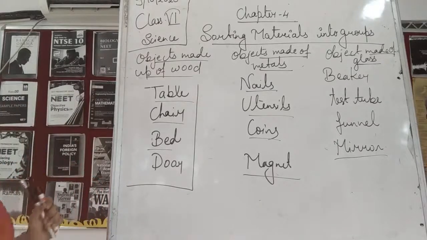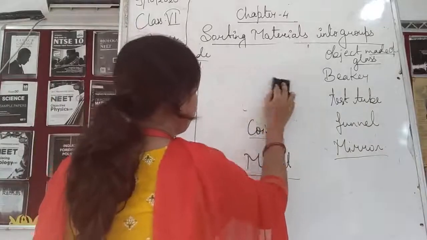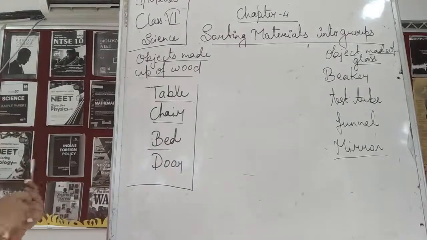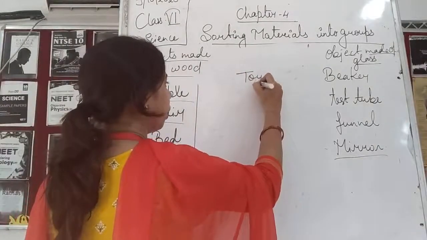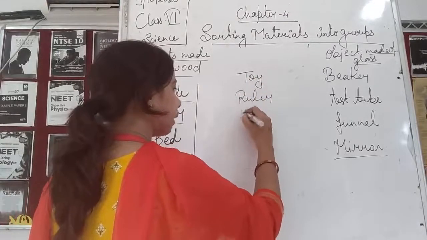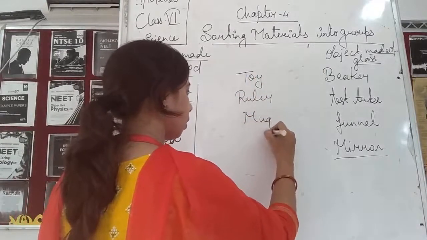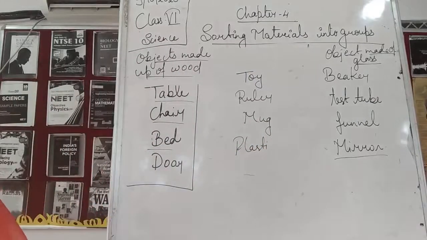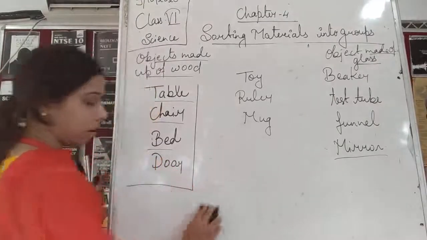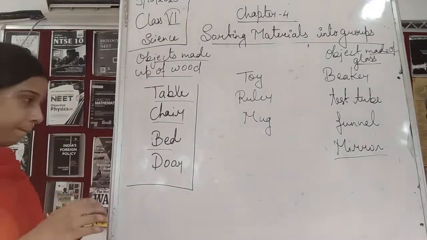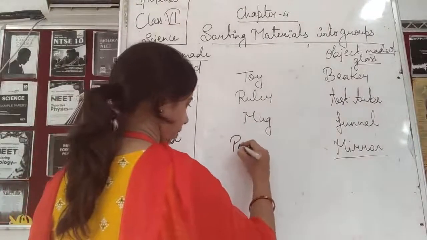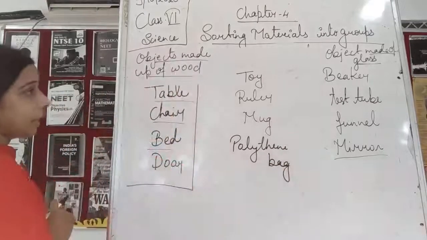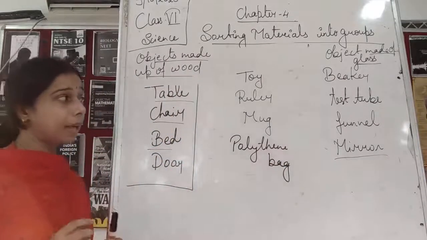You see student, if another example is given instead of metal, like toy, ruler, mug, or lastly polythene bag. What can be the material by which all these objects have been made, students?